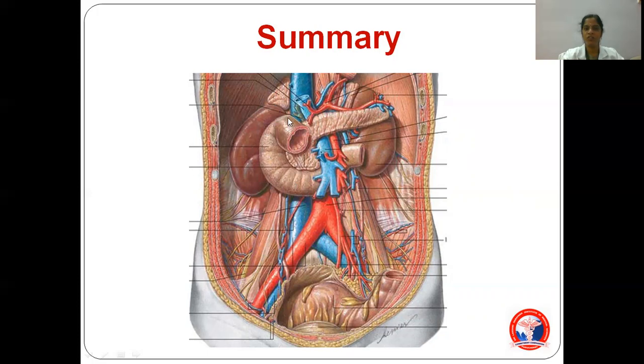The upper pole is near the vertebral column, the lower pole is away, and the right kidney is located lower compared to the left kidney. The structures related to the kidney, anteriorly and posteriorly, we discussed in detail. Then we discussed the blood supply, nerve supply, lymphatic drainage, and a few clinical conditions also. Okay, so this is about the kidney.